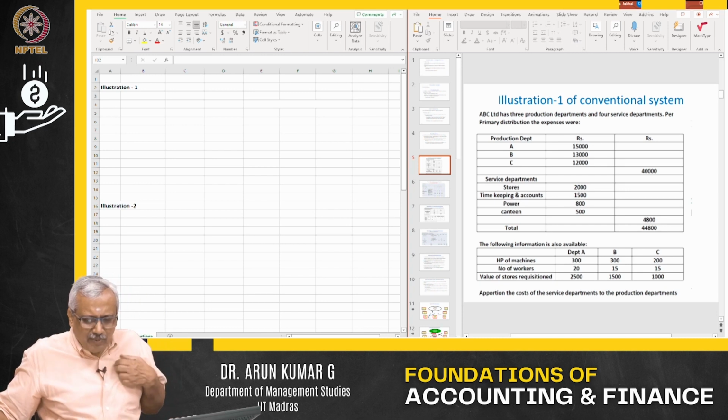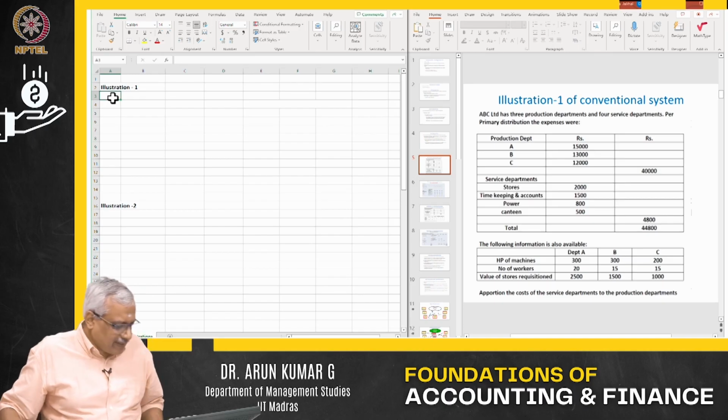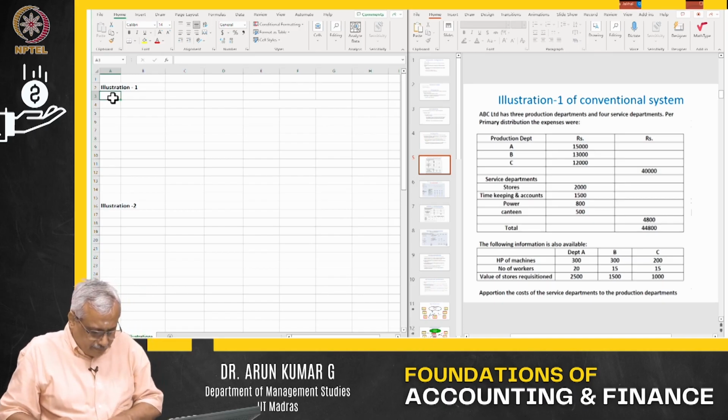I am going to do a typical secondary distribution in this particular case. Secondary distribution is what I am going to do.